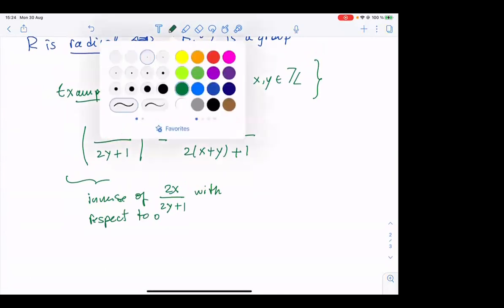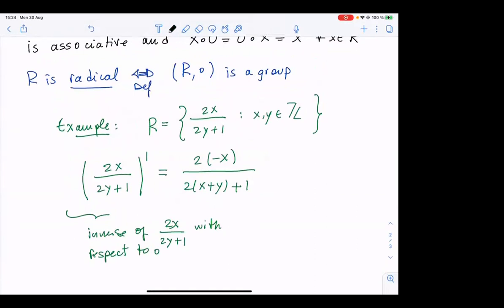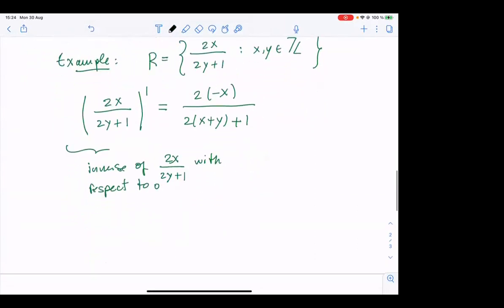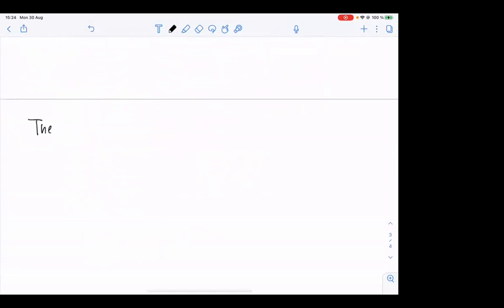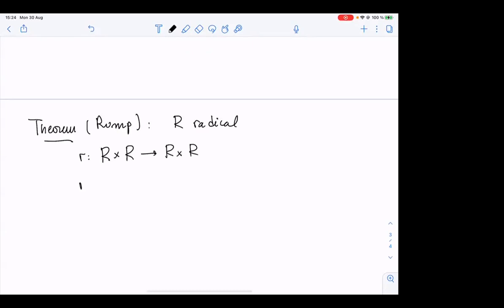Very good. And so why radical rings when you want to study this discrete version of the Yang Baxter equation? Because you have this result of Rump. Suppose that you have a radical ring, then the map, say x y, and here what we do is the following. I can use the multiplication of the ring, the addition of the ring, and also the circle operation.